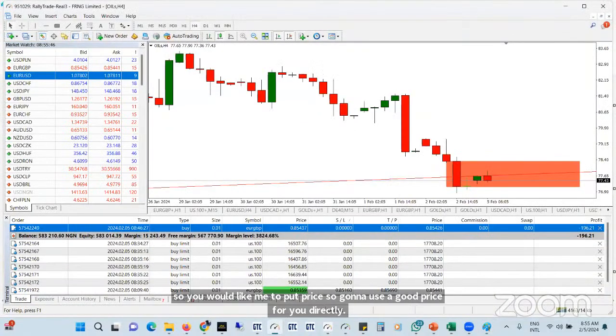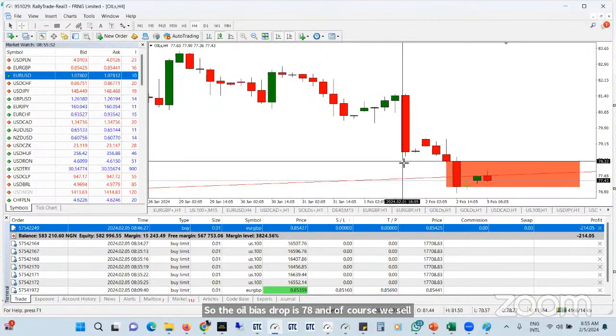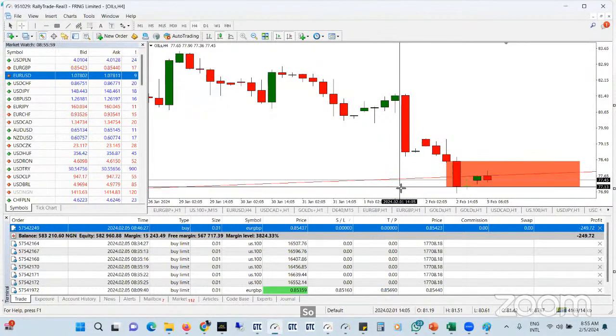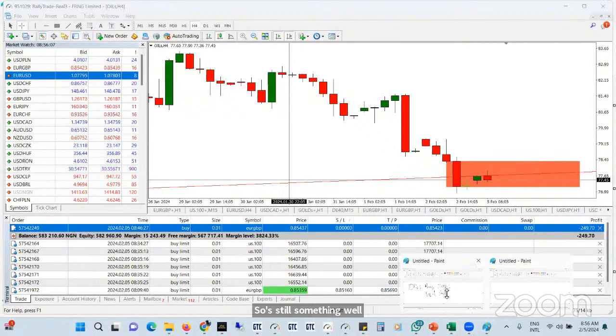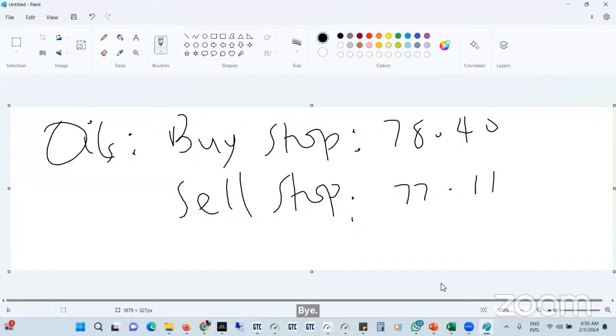So the oil buy stop is 78, and of course the sell stop is, wait, hold on. 78.4 is good. 78.40. 77.1.